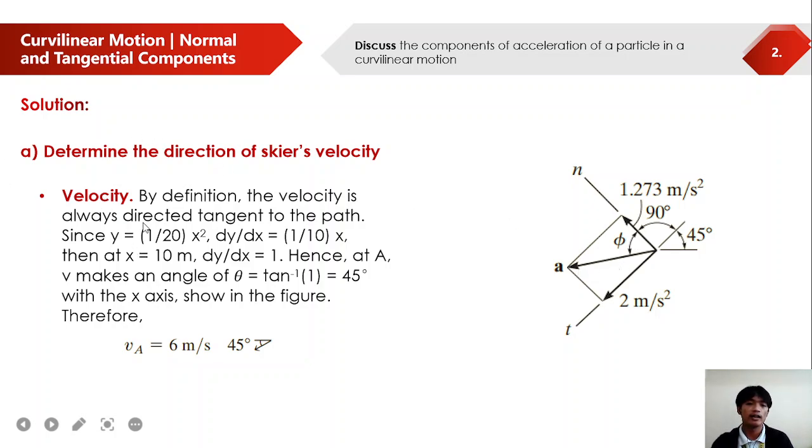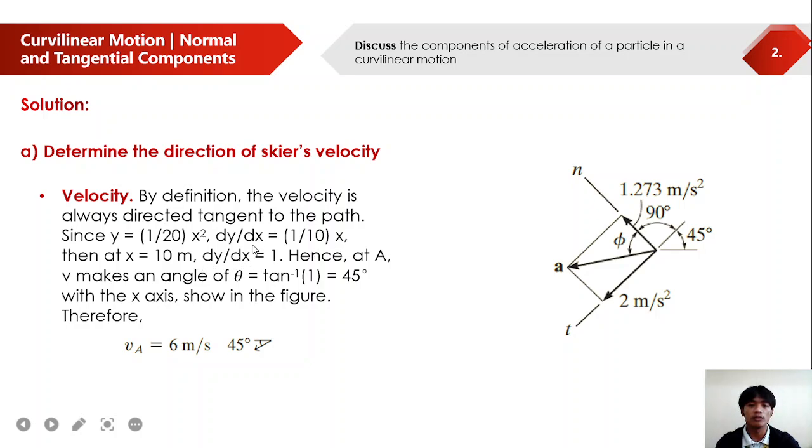Ganon lang kasimple. Kumbaga, since we are talking about velocity here, we are going to take the first time derivative of the path or of the function of the path. Since the function of the path is defined by y is equals to 1 over 20 x squared, i-differentiate mo lang siya, and then after you differentiate, substitute the value of the x, which is 10.